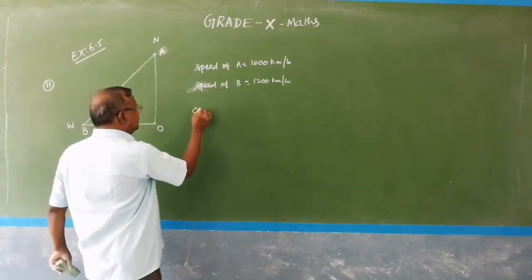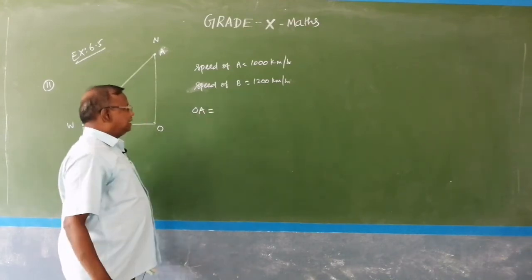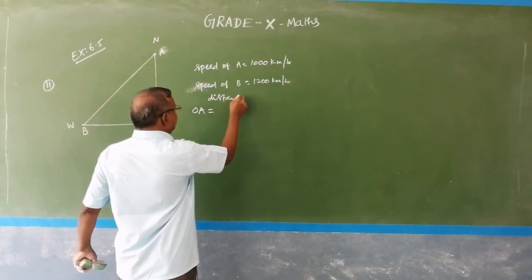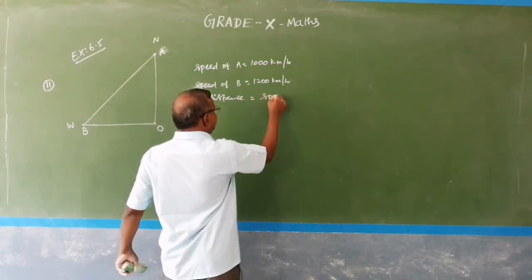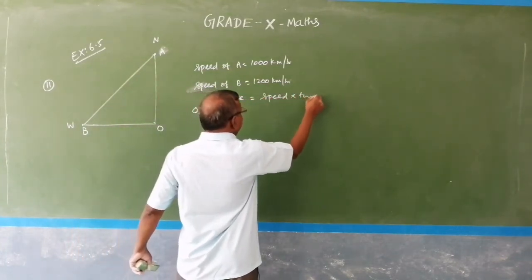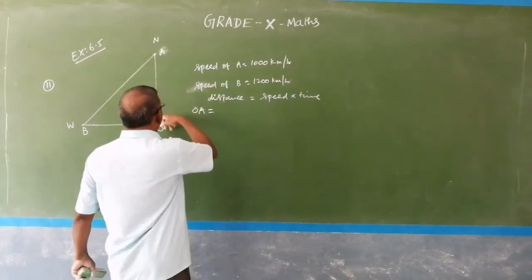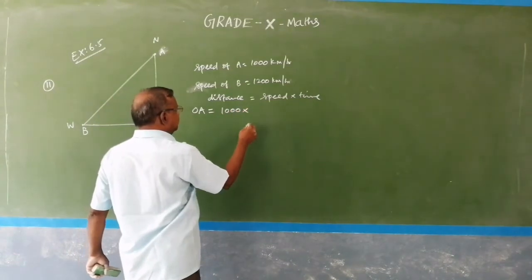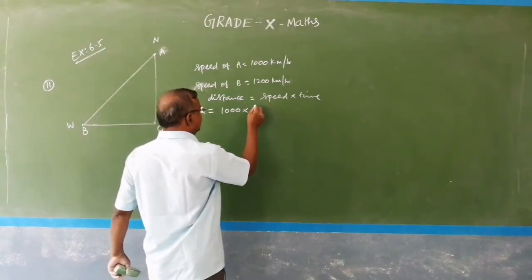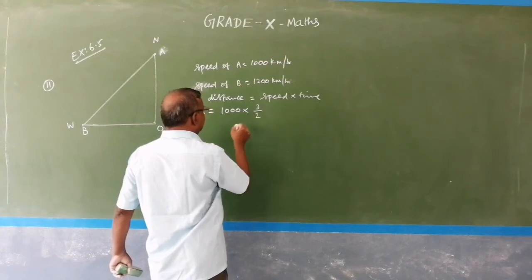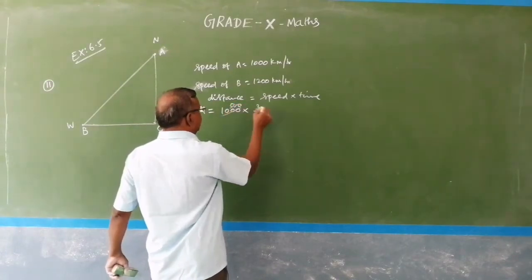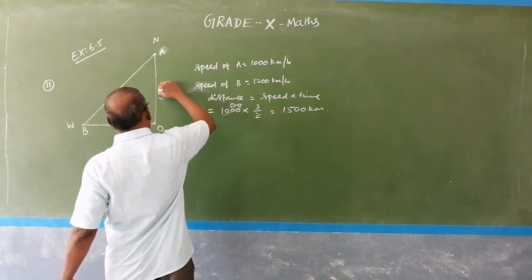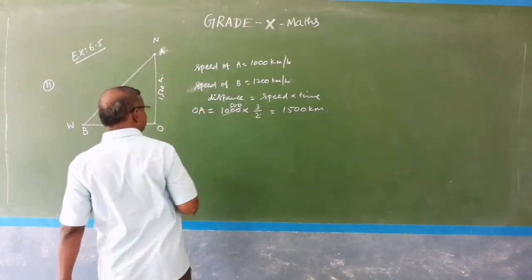Now OA, we know that distance equals speed into time. Therefore OA is the distance travelled by flight A, speed 1000 into time 1.5 hours, which means 3/2, which equals 1500 kilometers.